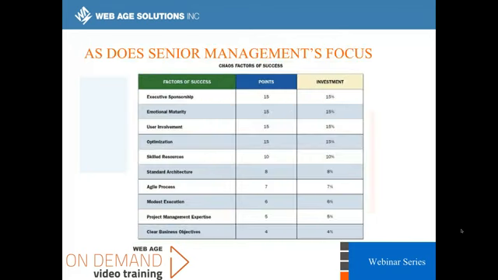As does the focus of senior management. In looking at successful projects, again, these are from CIOs, CTOs, etc., and directors, they self-reported that the top three, being executive sponsorship, emotional maturity, and user involvement, these are all soft skills. These are all the skills that management is responsible for, that management brings to a team.